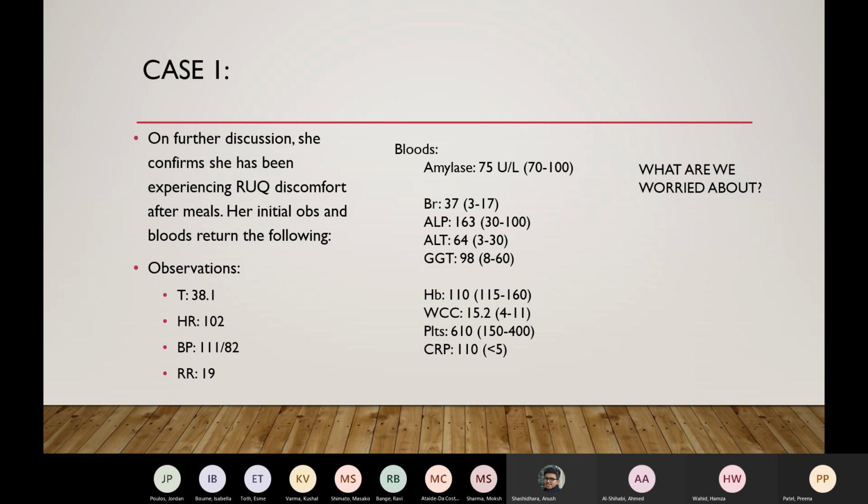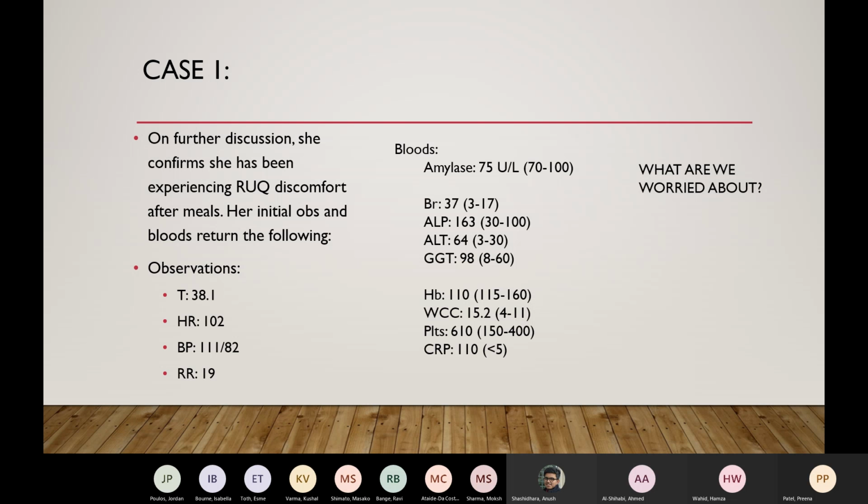Okay, so let's work down the list. Temperature, normal, high, or low? Yeah, so she's slightly tachycardic. I'd say 100 is where I'd start thinking she's tachycardic. So yeah, she's got a high heart rate, but her respiratory rate is on the higher side as well. And her temperature's high. Okay, so let's look at her bloods now. What's abnormal?